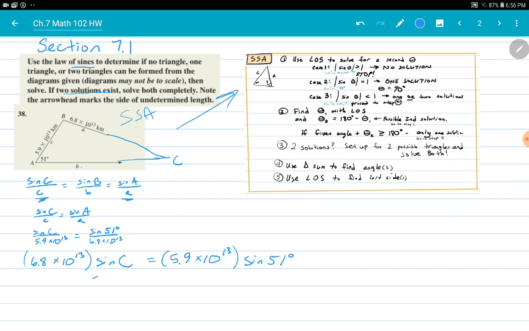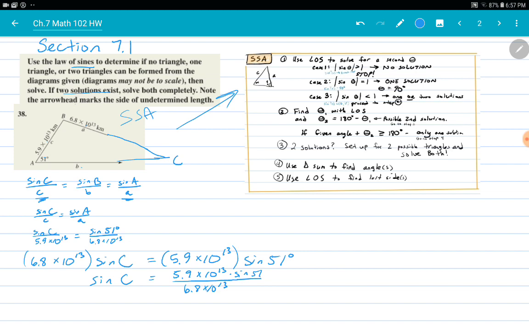And then solving for sine of C first, I get 5.9 times 10 to the 13th times sine of 51 all over 6.8 times 10 to the 13th.